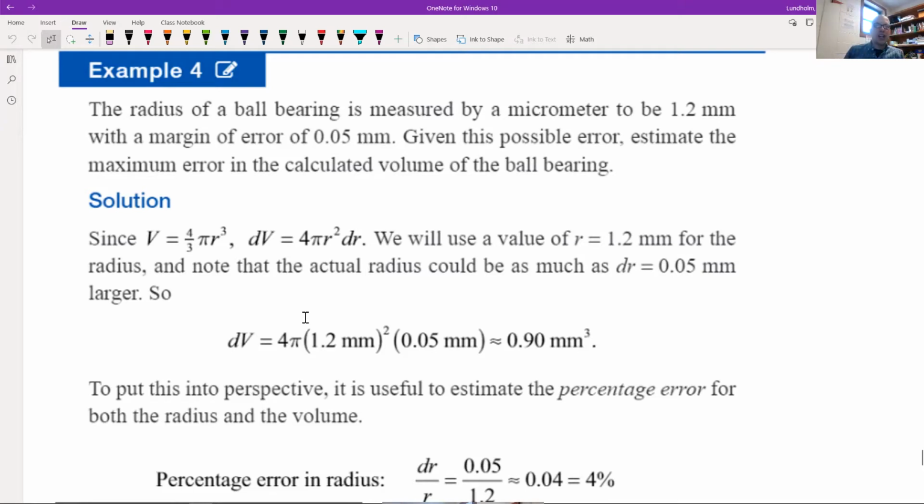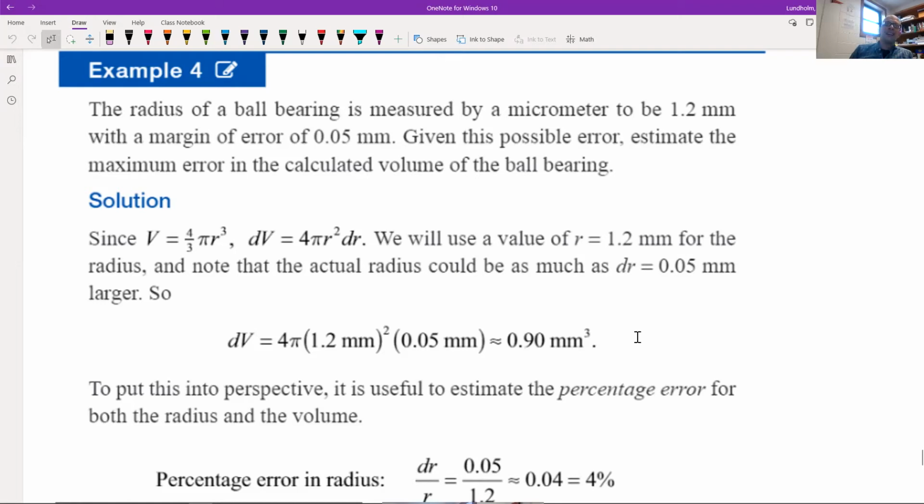And we can find the nudge in the output volume. That's just 4 times pi times the radius squared times the nudge to the radius, which is the error. And we would see that the volume has been nudged by about 0.9 cubic millimeters.